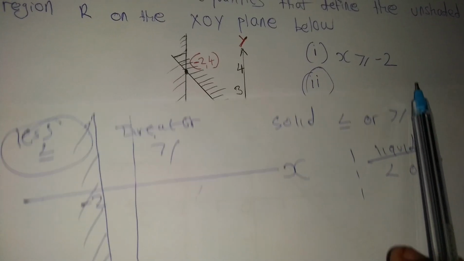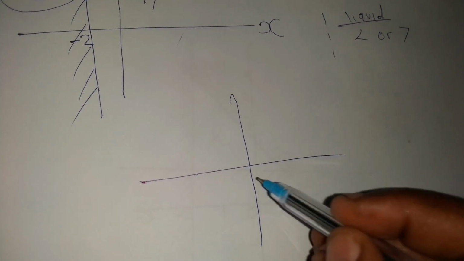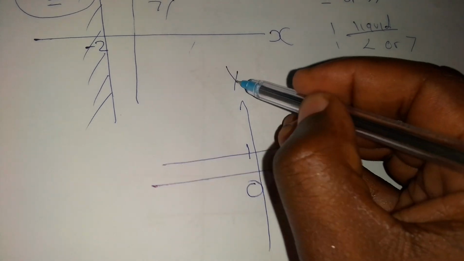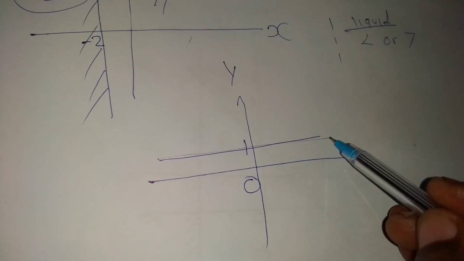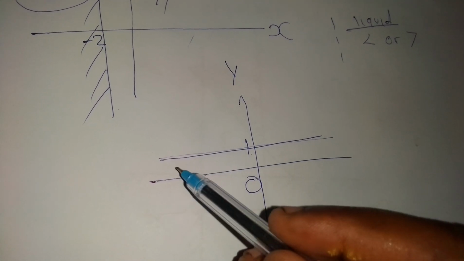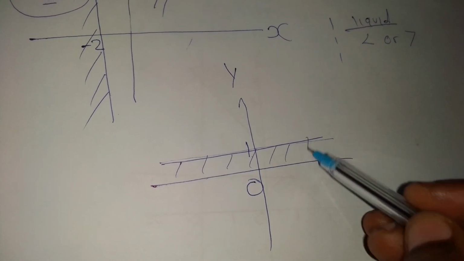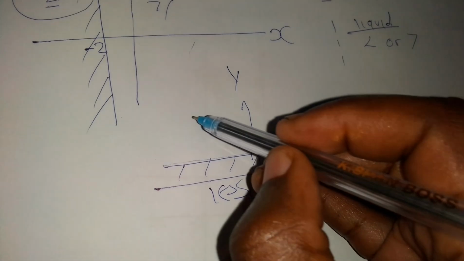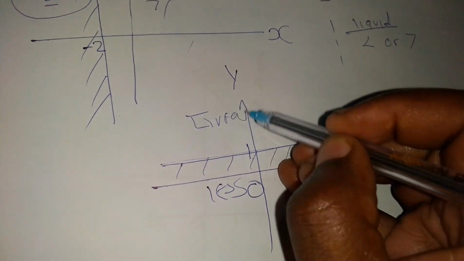Let me demonstrate here. We have the Cartesian plane like this. This is 0, 1 is here, and we cut. This is y. So we have cut y at 1, and it is shaded downwards. Downward is less than, and on top is greater than.